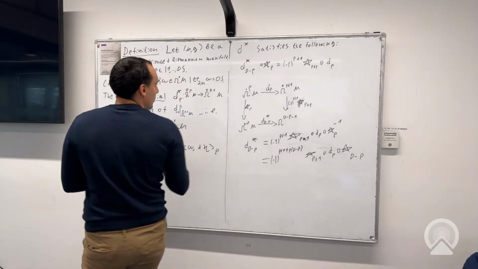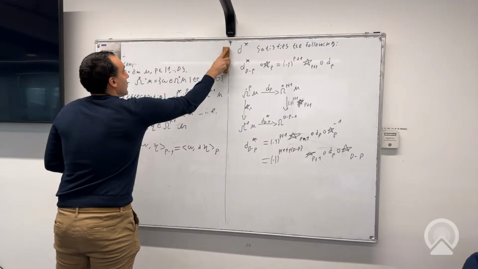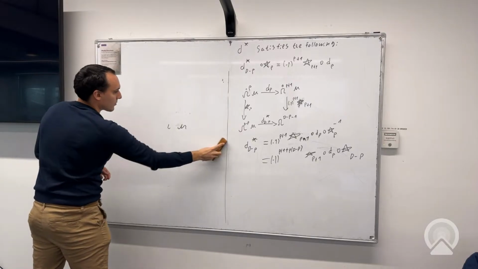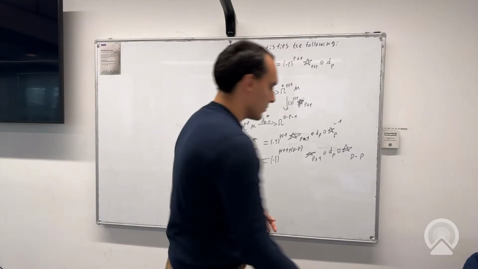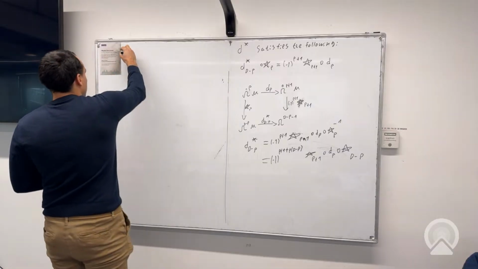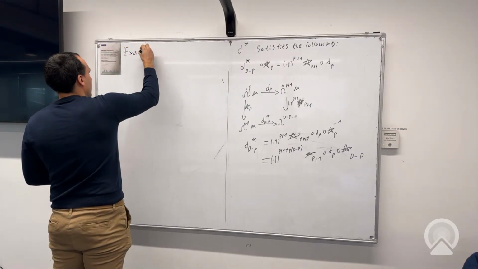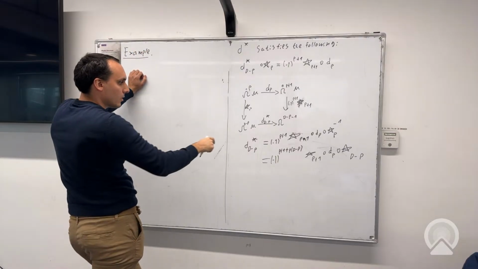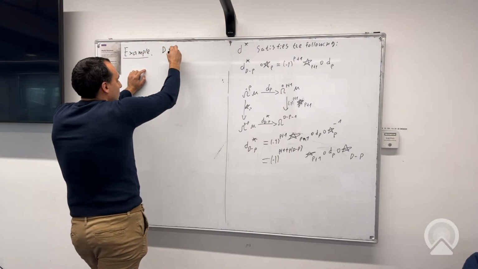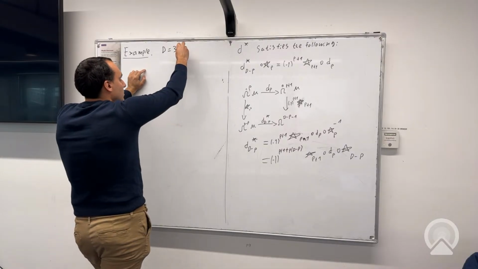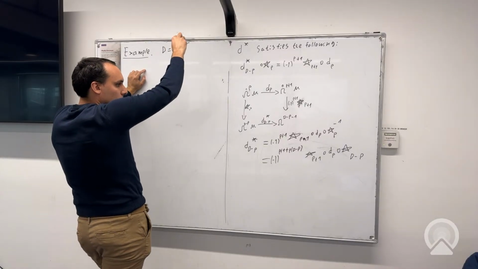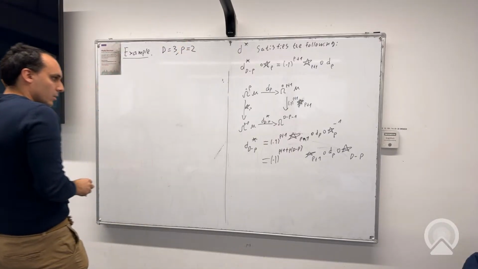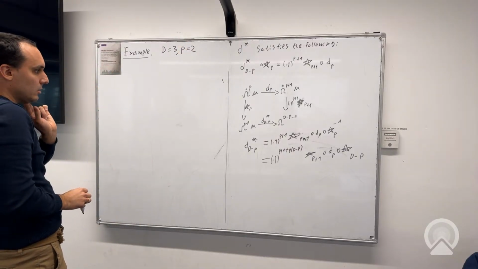Let's do some example. For instance, in dimension d equal to 3, p is 2. So d1 star, this will be the divergence.